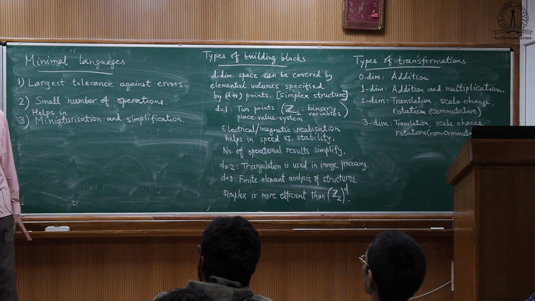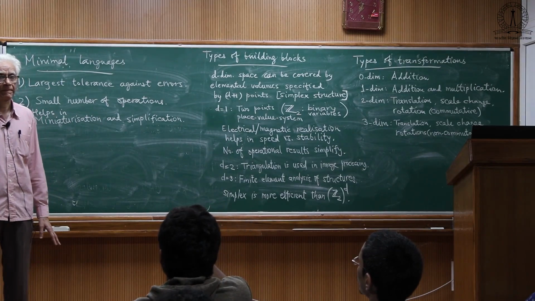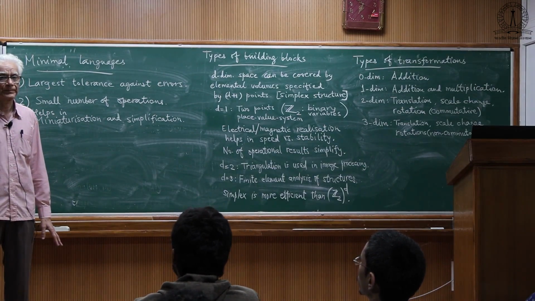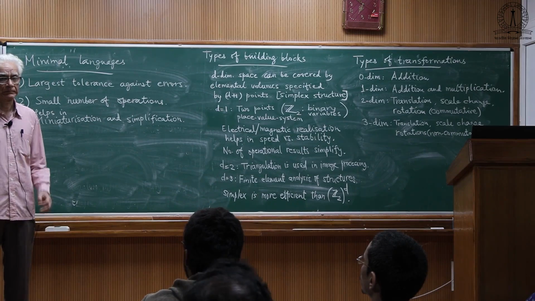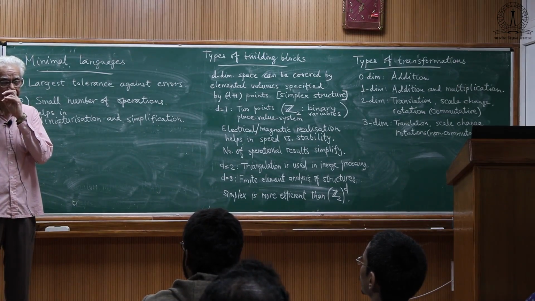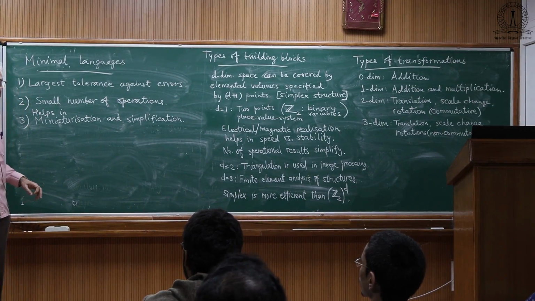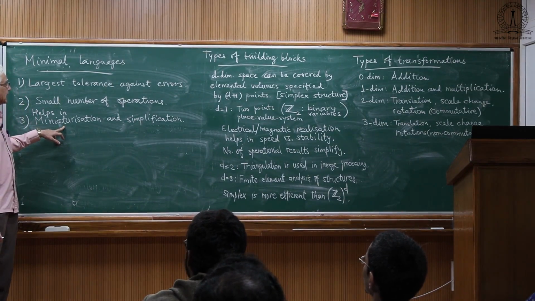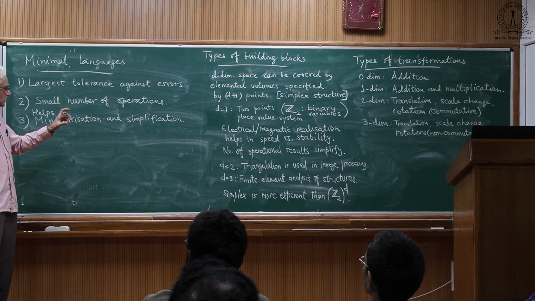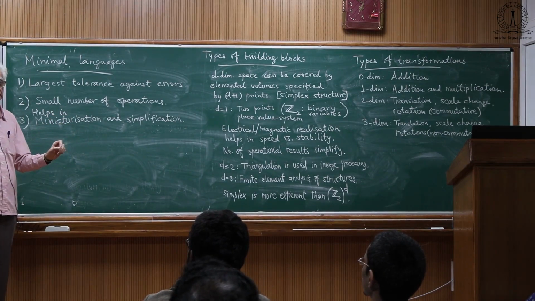Why? Because when you try to miniaturize, the fluctuations increase and you would definitely benefit from a larger tolerance. Simplification occurs because the number of operations go down.